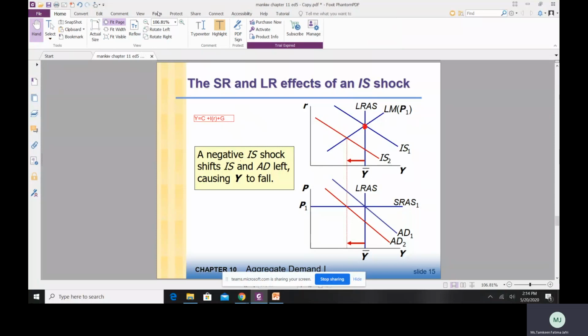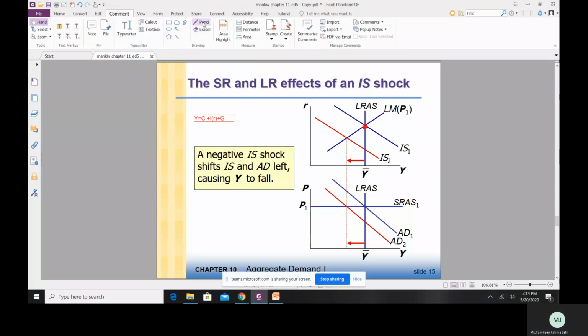So you can see when G decreases, for a given R, Y is going to decrease. Since this is going to be true for all the points along the IS curve, my entire IS curve is going to shift inwards.